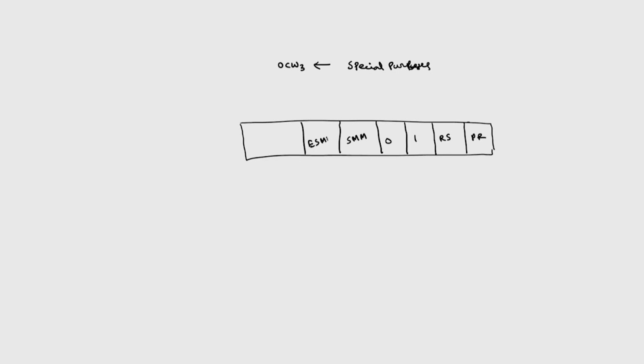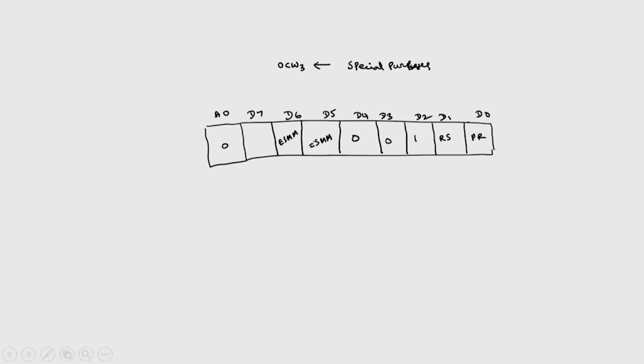Then D7 is 0. This is D0, D1, D2, D3, D4, D5, D6, D7. Then by default A0 is 0. D4 is also 0 here. You see ESMM.